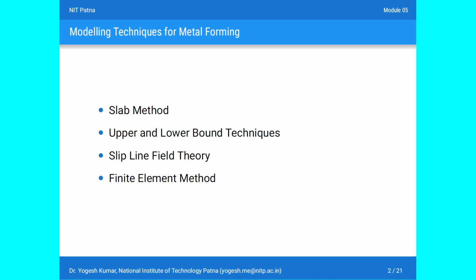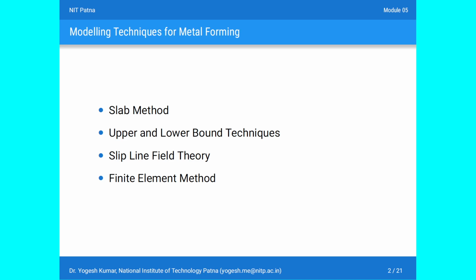So these are the five major conditions that must be fulfilled for the plastic deformation of any metal during the metal forming operation, whether it is a bulk metal forming process or a sheet forming process.